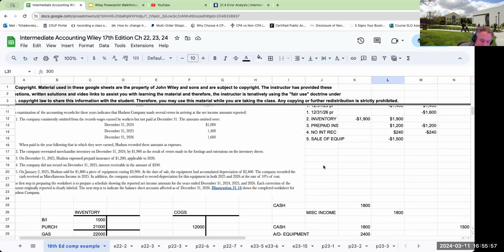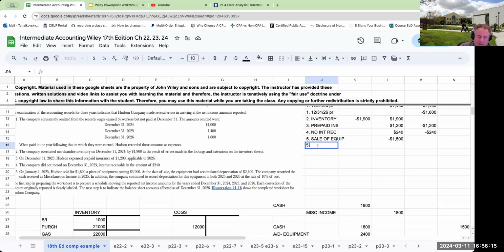Okay, now there's some other problems with this. In addition, the company continued to record depreciation for this equipment in both 2025 and 2026 at a rate of 10% of cost.